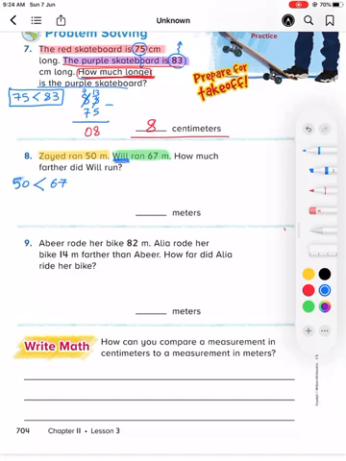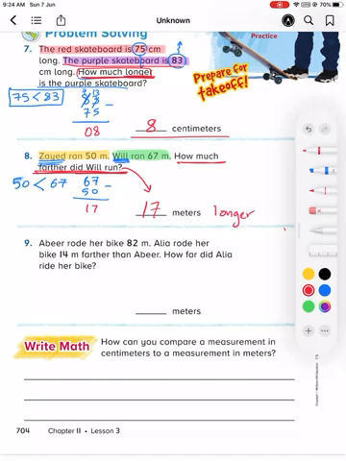So Will ran longer than that. Now we want to know the difference. 67 minus 50 gives us 7 minus 0, 7, 6 minus 5 is 1. So that gives us 17. So 17 meters. How much further did Will run? He ran 17 meters longer.